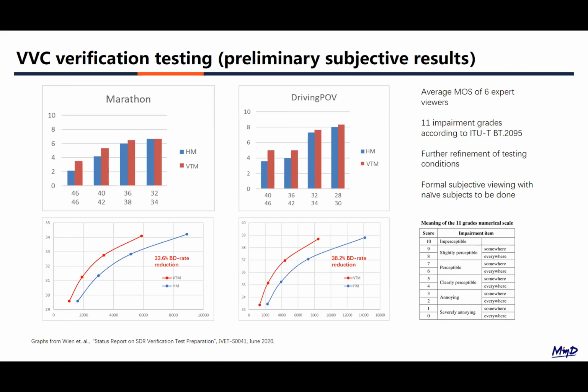For these two sequences, the top plots are the average MOS scores for the two codecs, and the bottom ones show the bit rate used to achieve the MOS score. What you can see is that toward the right-hand side of the figure, toward the higher bit rate and higher quality, VVC achieves similar quality, and toward the lower end, VVC quality is significantly higher compared to HEVC. But let's remember that such quality, whether the same or higher, is achieved at a much lower rate, as indicated by the curves below.